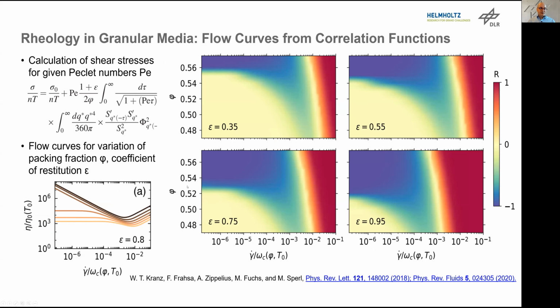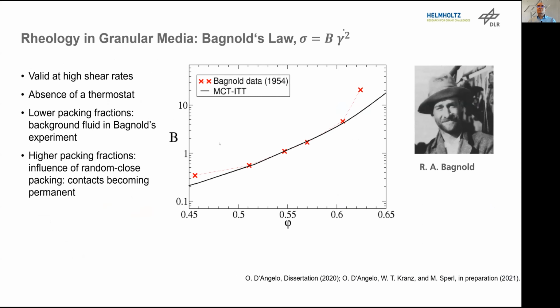We have not yet the calculations for different shapes of particles, but that in principle can all be done. For the experts in the audience that know the Bagnold law, it's a very peculiar quadratic law in rheology. This can be explained microscopically by our derivations.